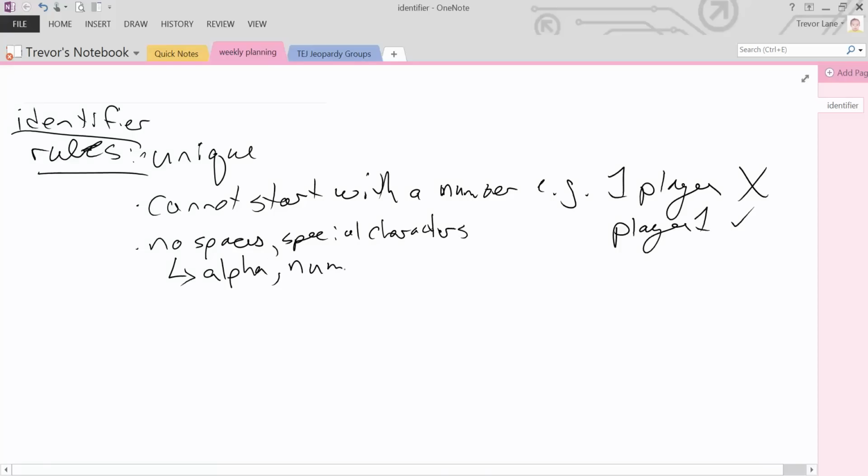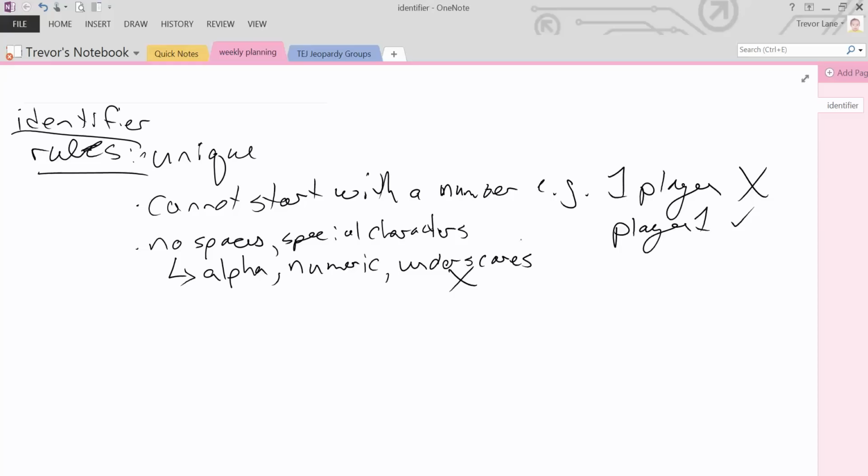Numeric, so any number 0 through 9, as long as it doesn't start with 0 through 9, and underscores. For all intents and purposes, I'm going to say do not use underscores though. That is a naming convention. The underscore should not be used in our case. Above and beyond that, those are pretty much the basics of the rules that you must follow.